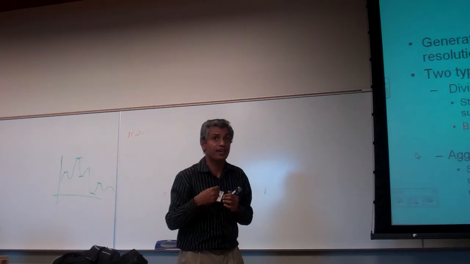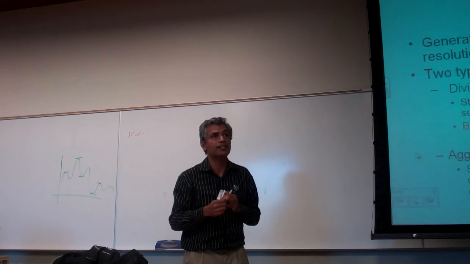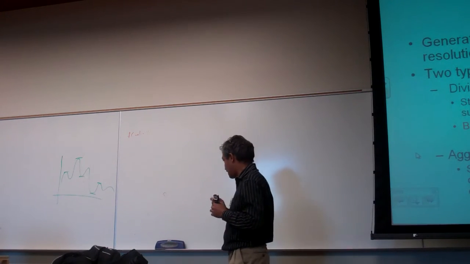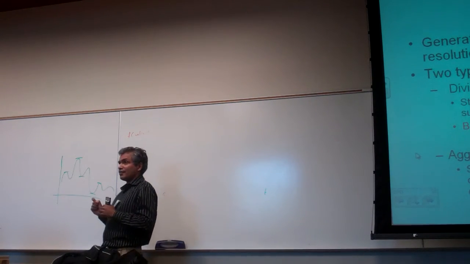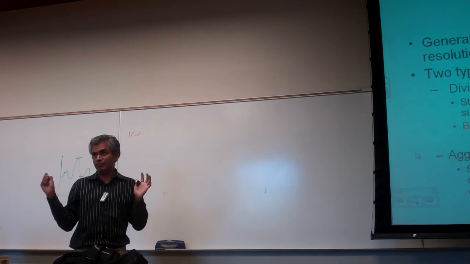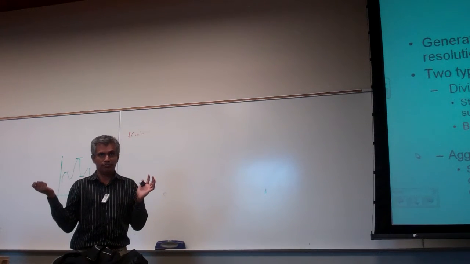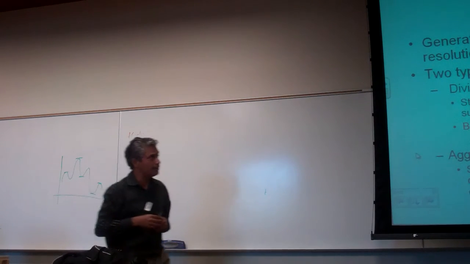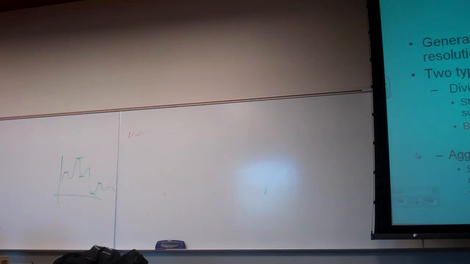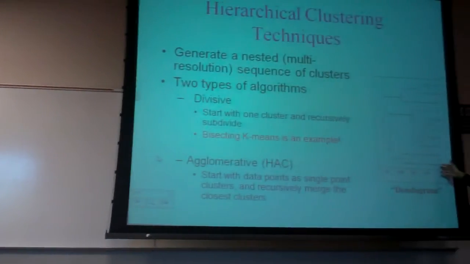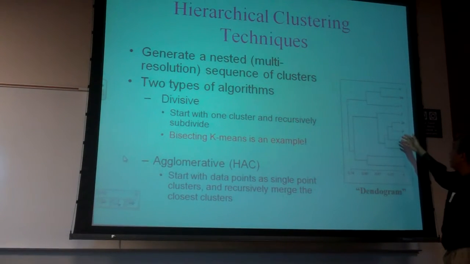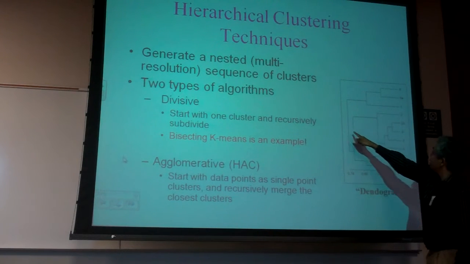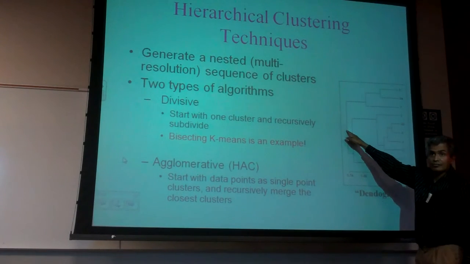So the question is, can I automatically generate hierarchically structured clusters? The advantage of hierarchical clustering is there's never any question as to how many clusters there are supposed to be, because I can always cut it any which way and get the number of clusters I want. So for example, here is a hierarchical clustering where at the edge every element is a cluster by itself, and by the end everything is one cluster.